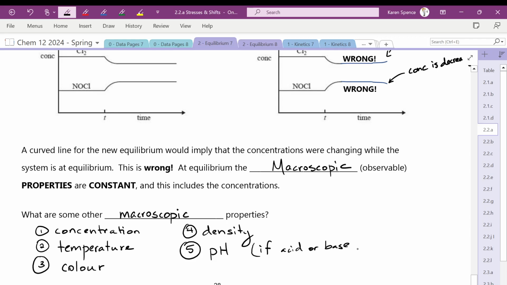Pressure, yes. And that's if there's gases present. If there's no gases, obviously pressure won't come into play. I'm sure there's some other ones, but those are sort of the main ones, okay?